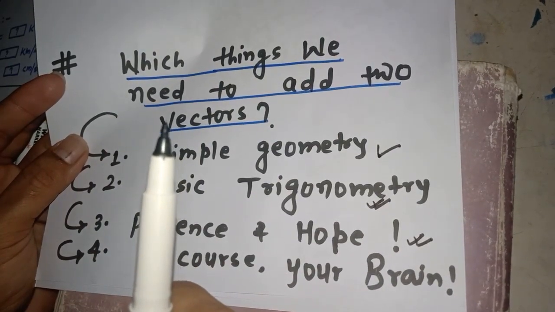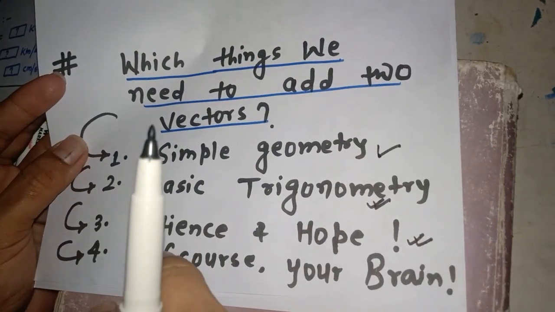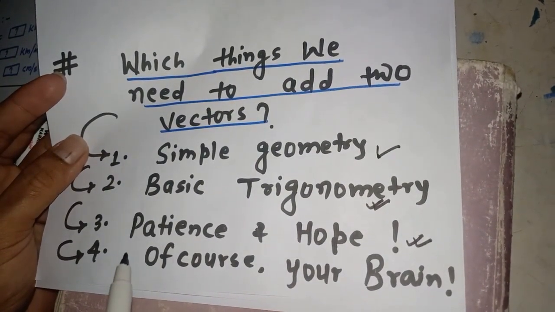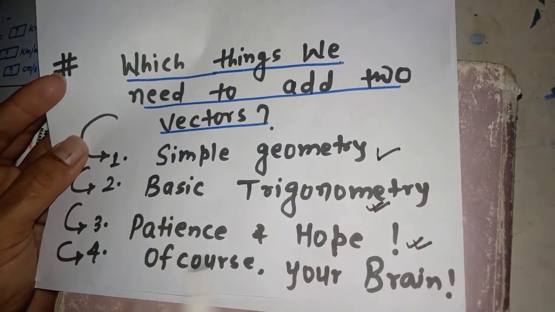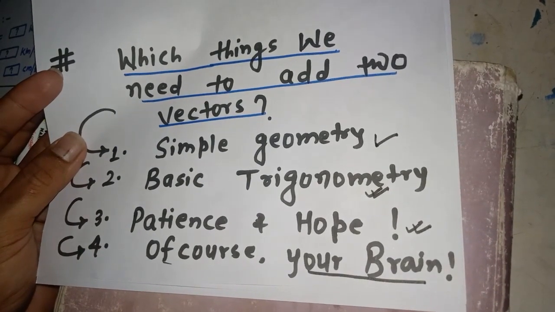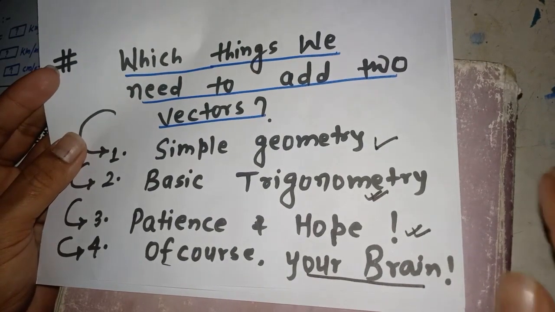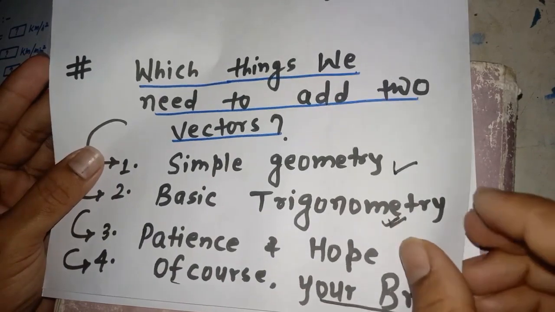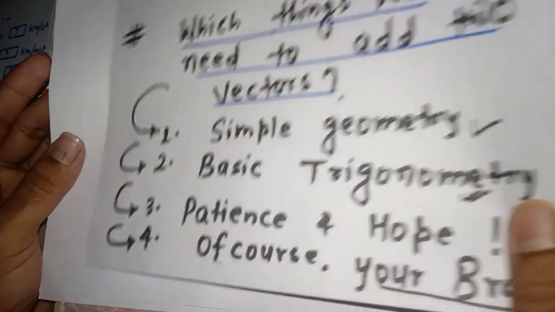If we tackle any new problem, we must have patience and hope. If you get agitated or divert because it is difficult, then you cannot gain knowledge. And of course you must have some brain power. Otherwise, how can you tackle mathematics and science or anything? Okay.